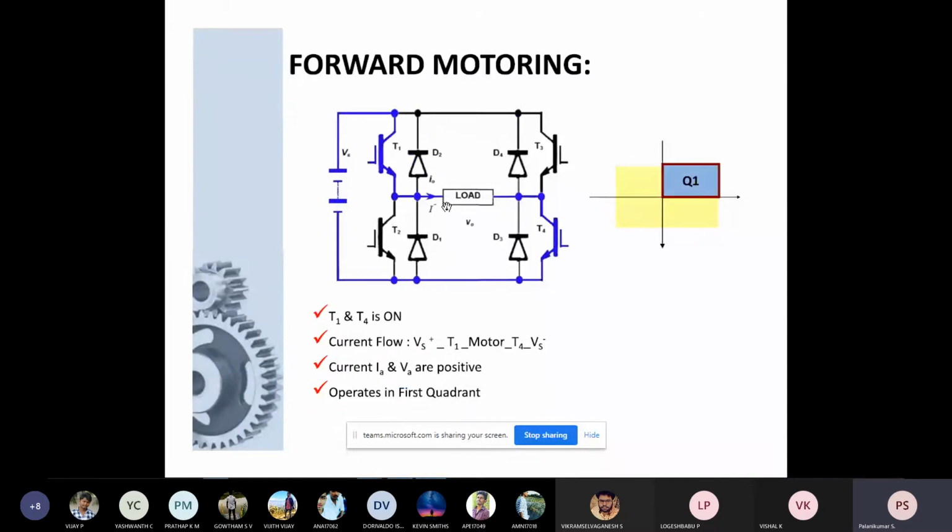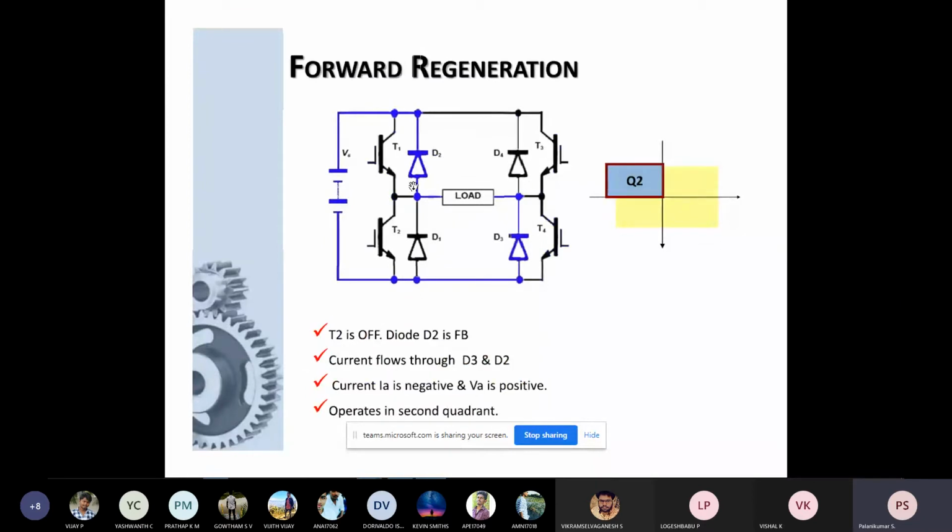As far as our case is concerned, it is D1, the parallel diode connected to the first switch, which will be on and forward biased. Because of that, current is now flowing through this one, and going through D3 also.